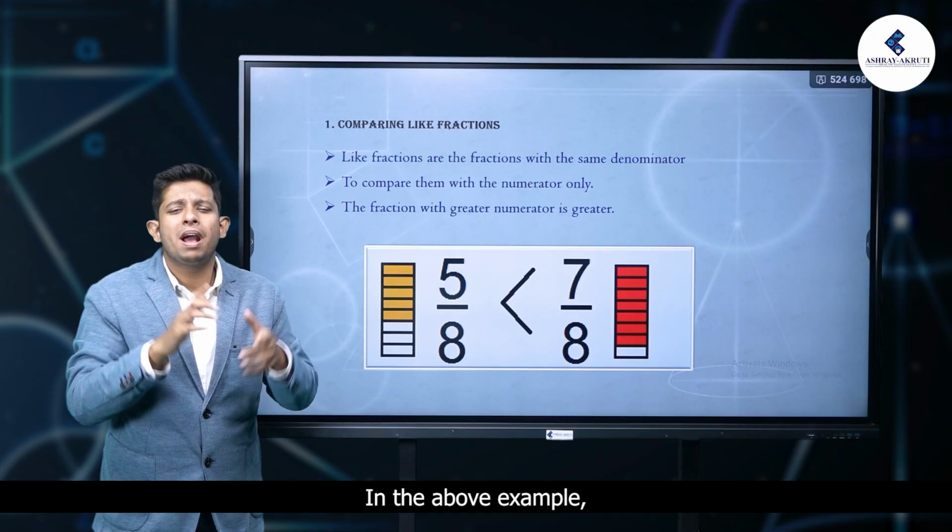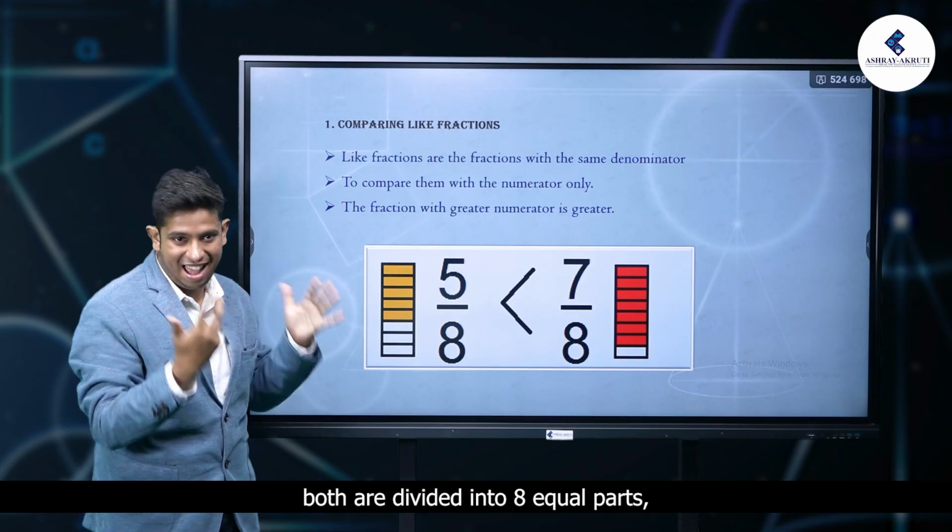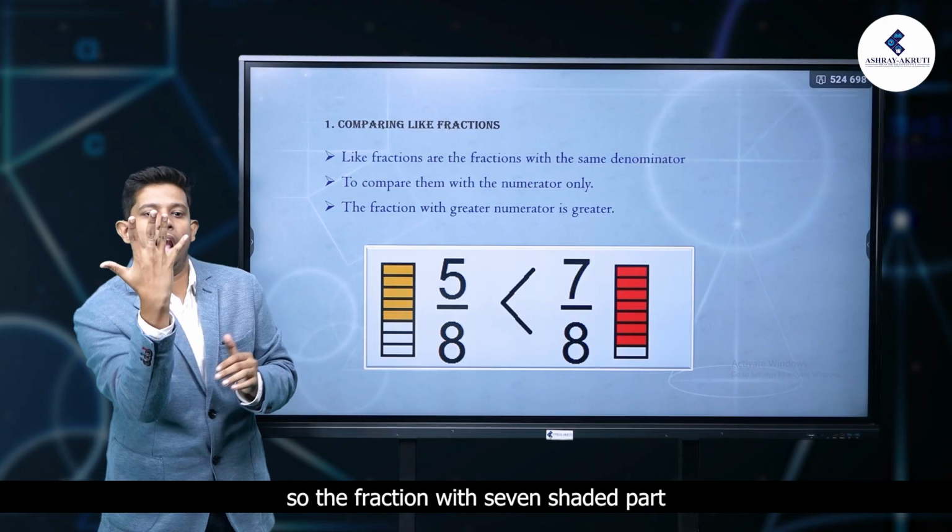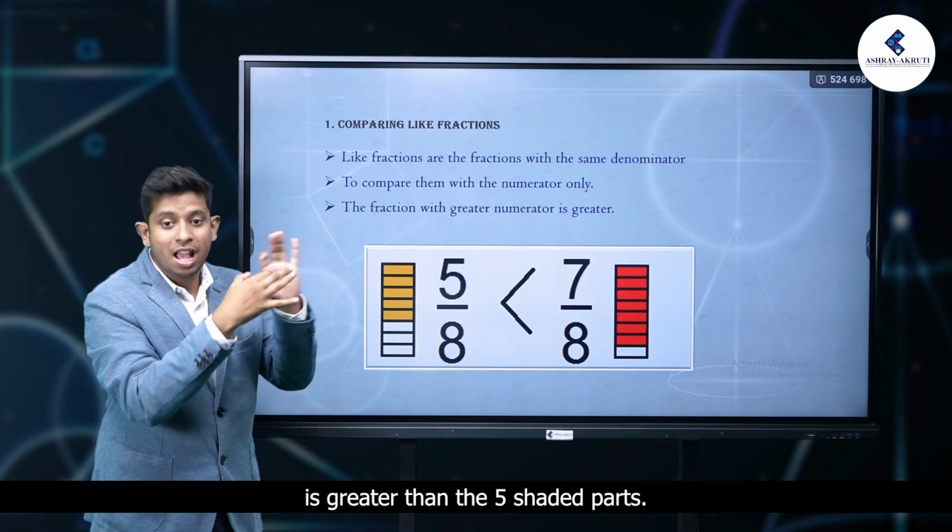In the above example, both are divided into 8 equal parts, so the fraction with 7 shaded parts is greater than the one with 5 shaded parts.